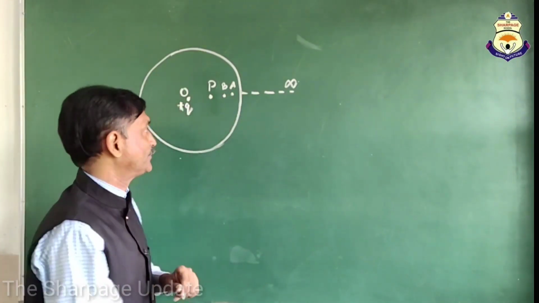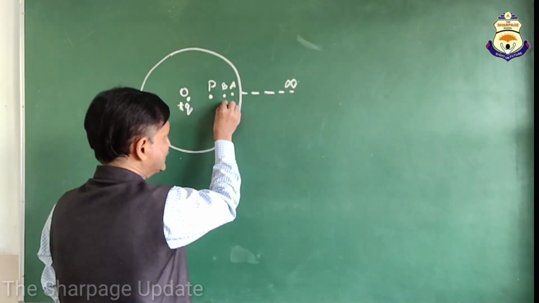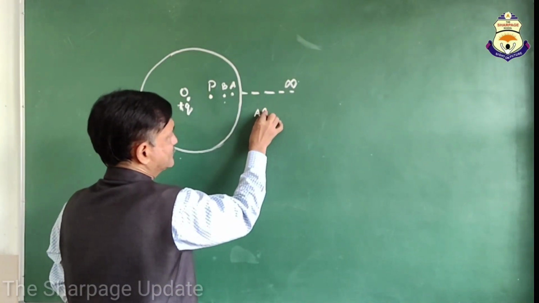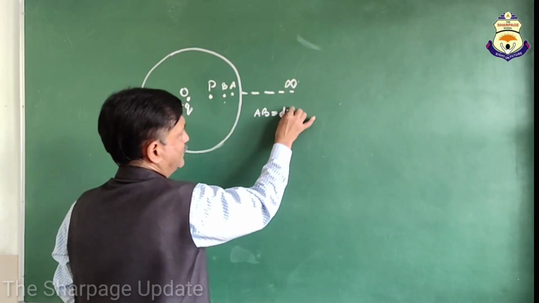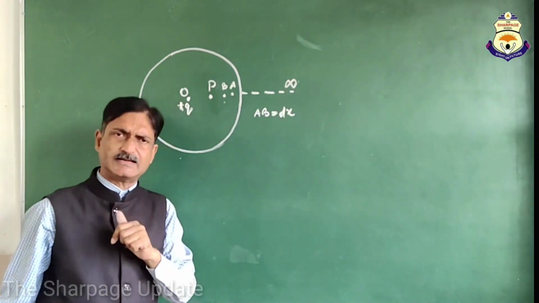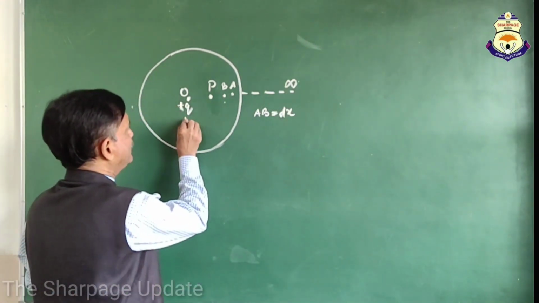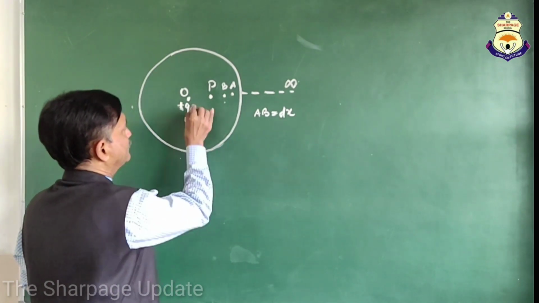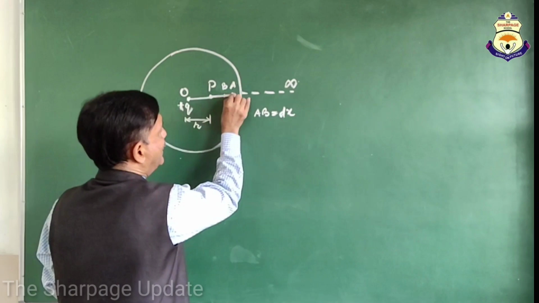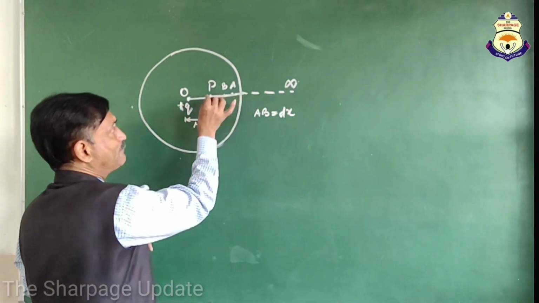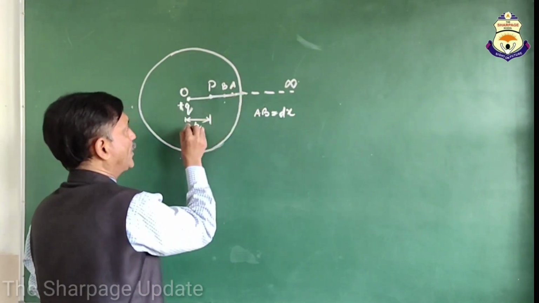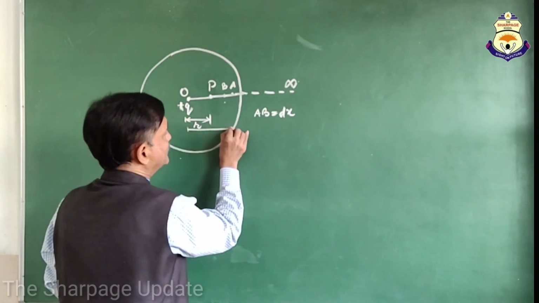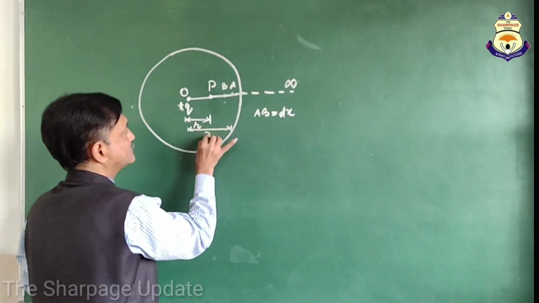And let the AB distance, a very small distance, be represented by dx, the distance between point O and point P be represented by R, and the distance between point O and point A be represented by x.